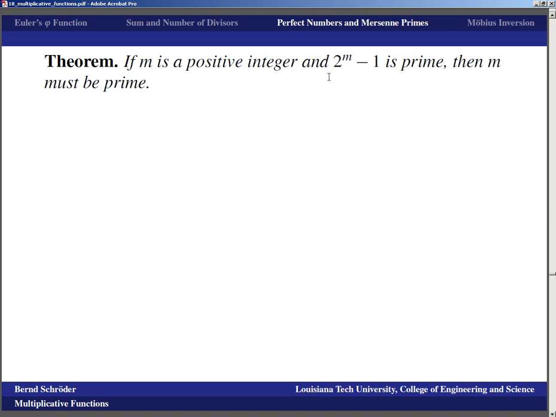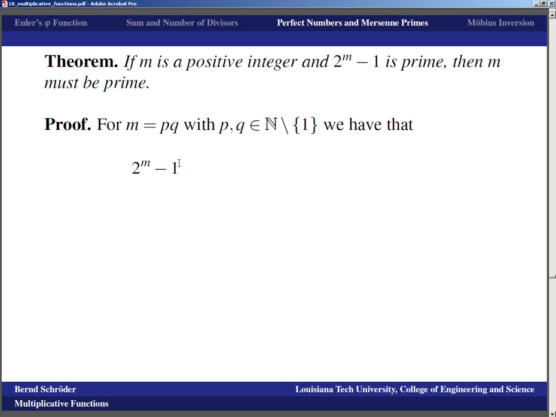Because people were interested in these perfect numbers, people became interested in these factors that we must have. So a natural question to ask, given the previous theorem, is that if 2^m minus 1 is prime, what must m be? We can at least conclude that m must be prime. If m was a composite number with non-trivial factors p and q, then we would have that 2^m minus 1 is 2^(pq) minus 1, and that is 2^p minus 1 times the sum over j equals 0 to q minus 1 of (2^p)^j.